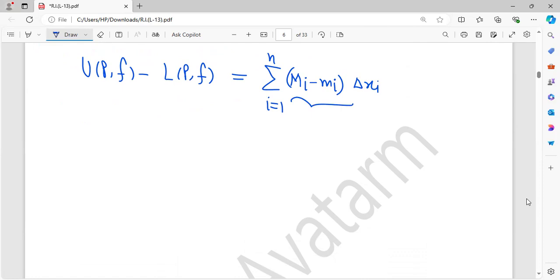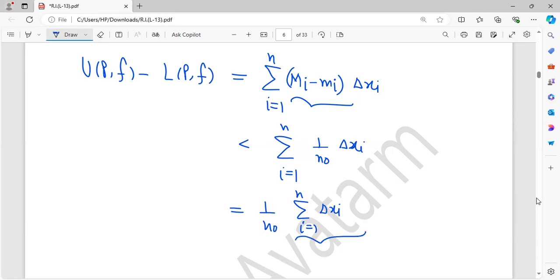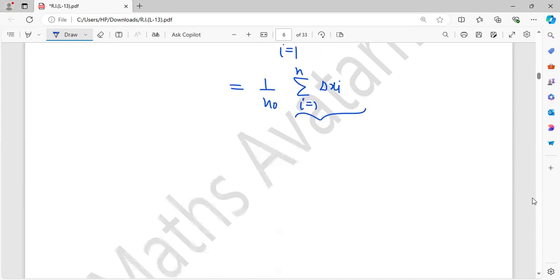But this is less than 1 upon n naught, so I can take 1 upon n naught outside, times the summation of delta xi. Now what is this? This is nothing but b minus a. So it is 1 upon n naught times b minus a. But this is less than epsilon, because 1 upon n naught times b minus a is less than epsilon.